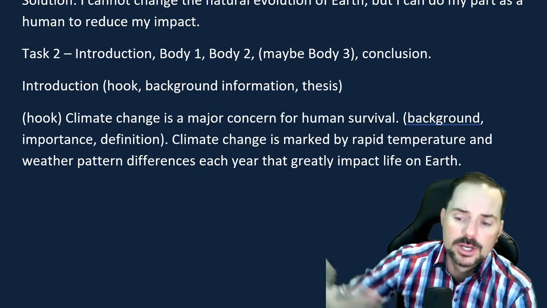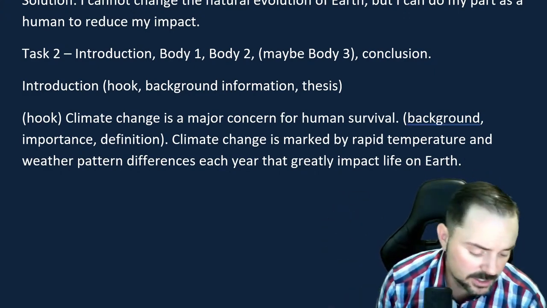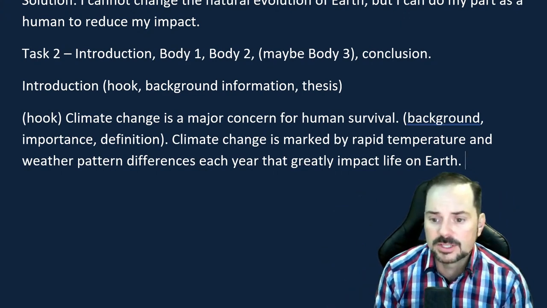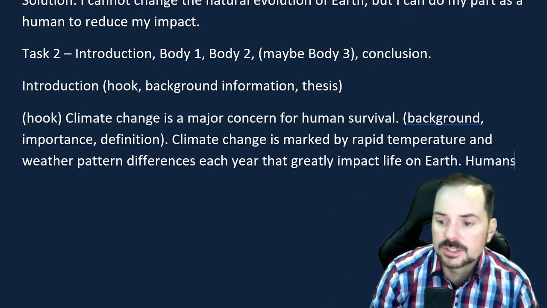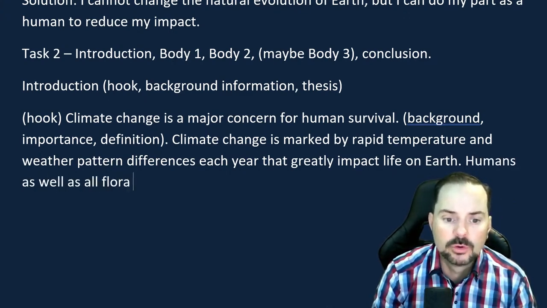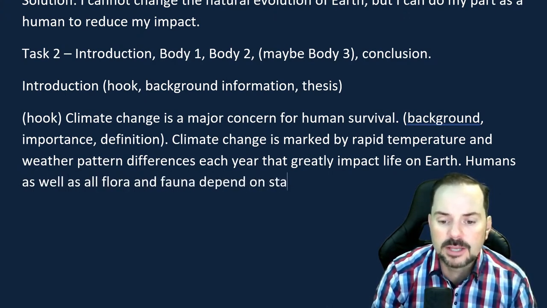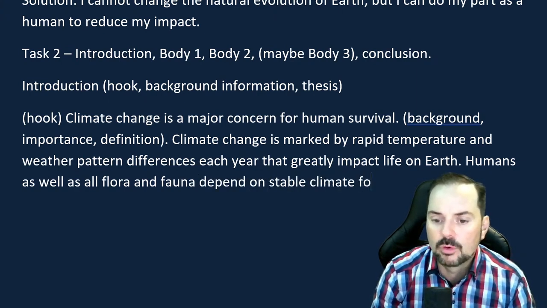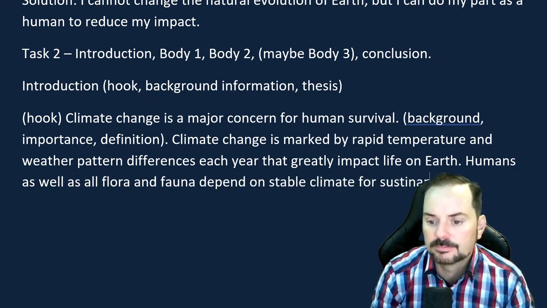But if I really wanted to, I could write another sentence, and I could write something like humans as well as all flora and fauna depend on stable climate for sustenance.